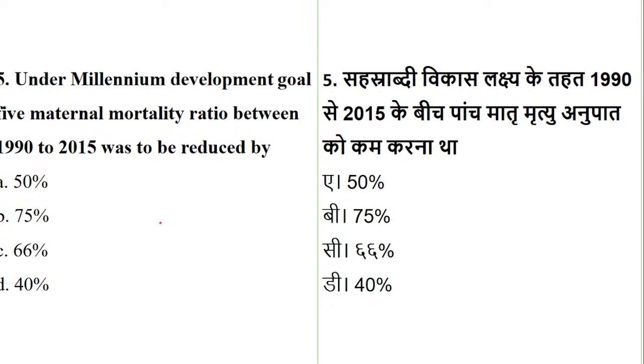Question number 5, very factual. As I said, some students put in a query about how to remember this. I told you very easily. This requires a good amount of revision in order to answer the question.